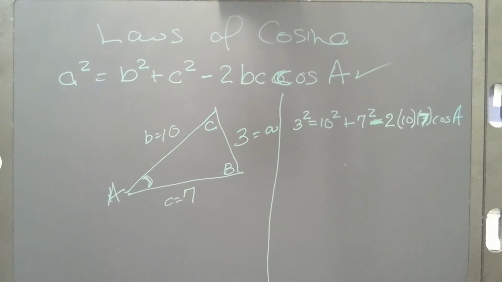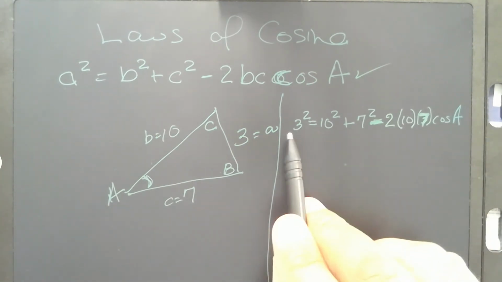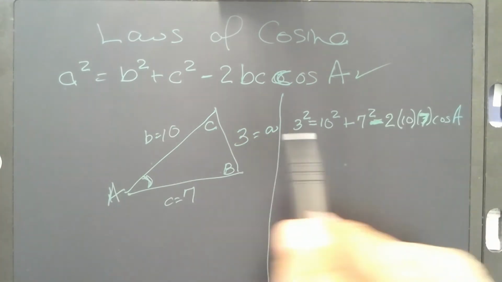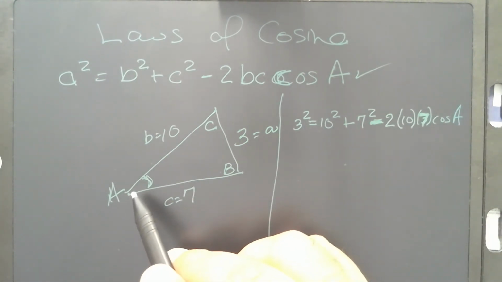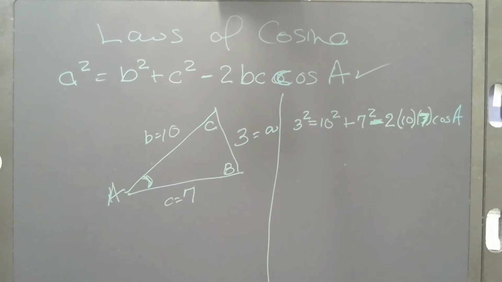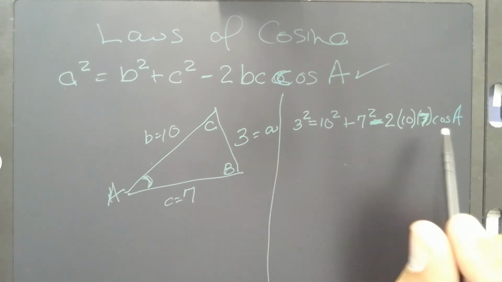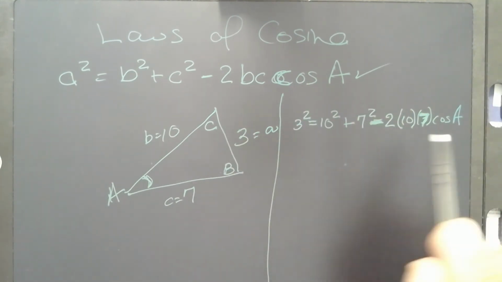Once we have this, notice that the only variable we have is the uppercase A, which represents this angle. Now we just have to work it out. This part is just the plugging in part. Now the working out part.